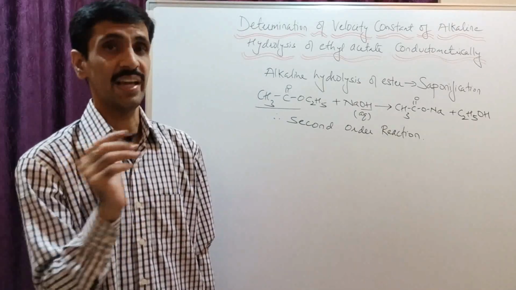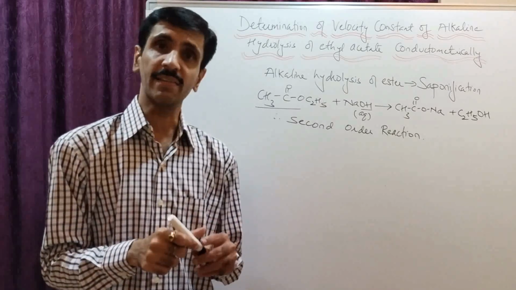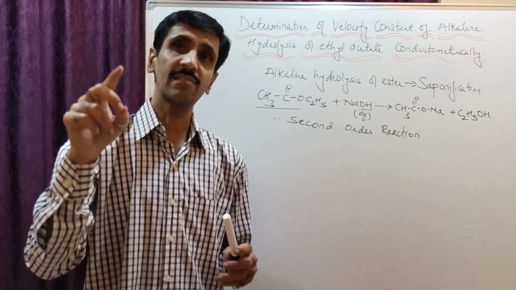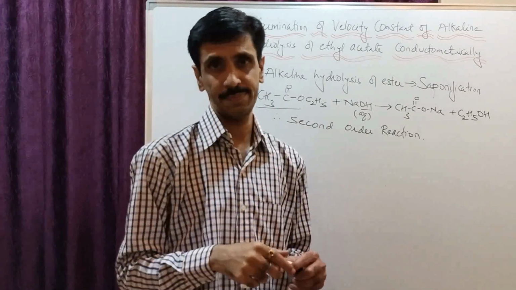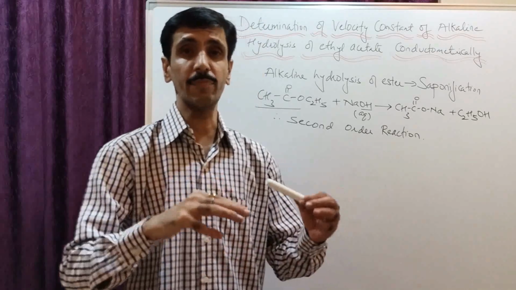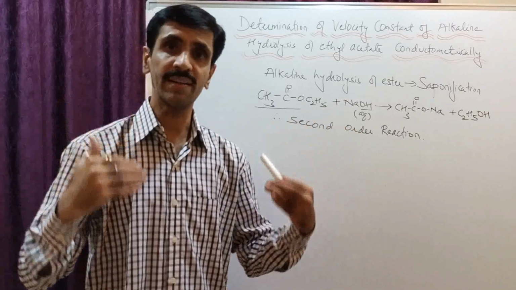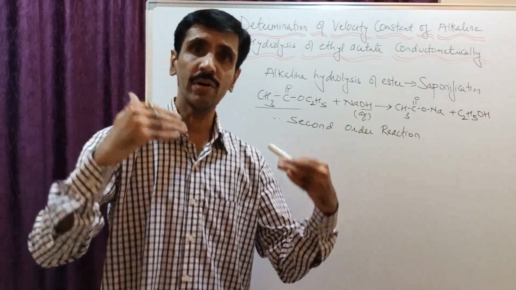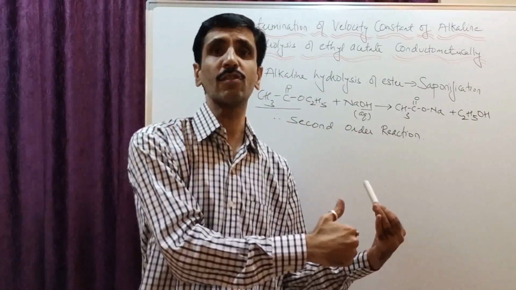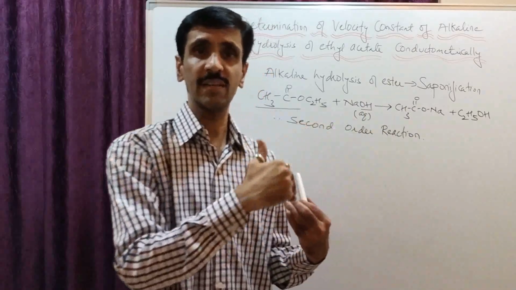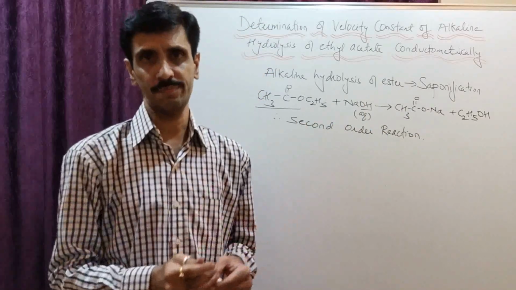Alright? Next, because this is also related to conductometry, we talk about measurement of conductance. So we need to understand how the conductance values vary with the progress of this reaction.